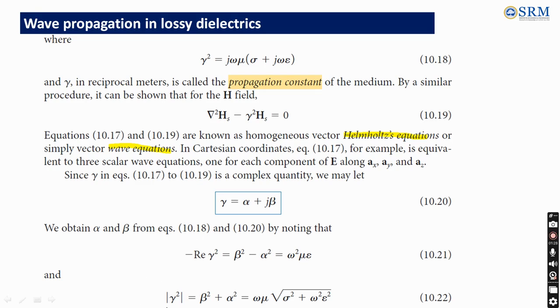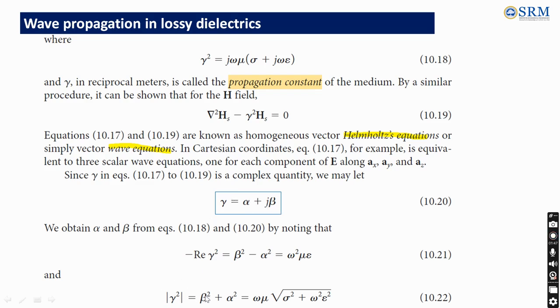When I want to take the magnitude of a complex number, we take the square root of alpha square plus beta square only, right? And the magnitude of gamma square is alpha square plus beta square.